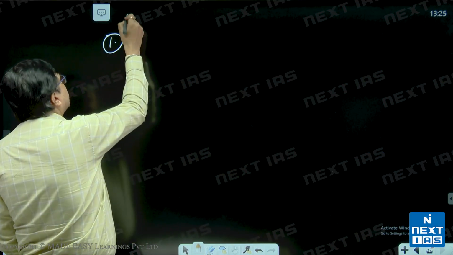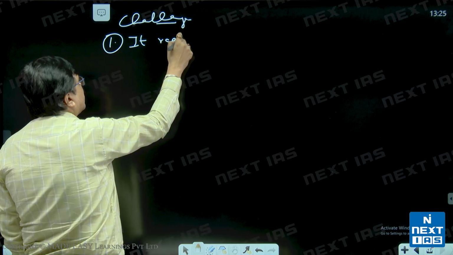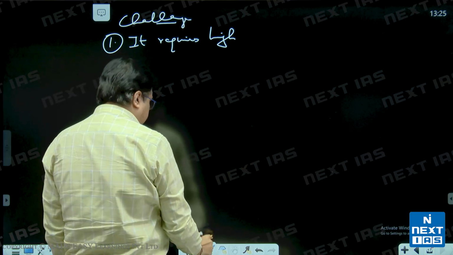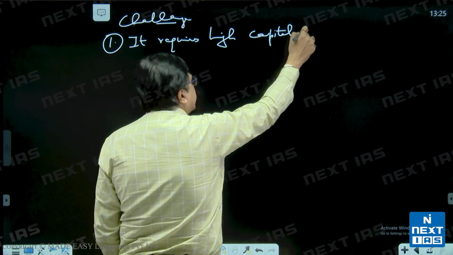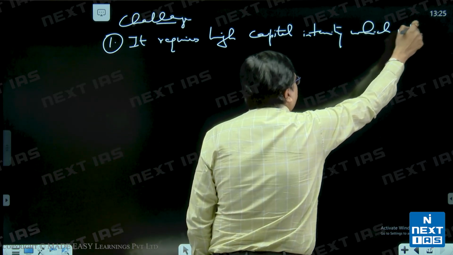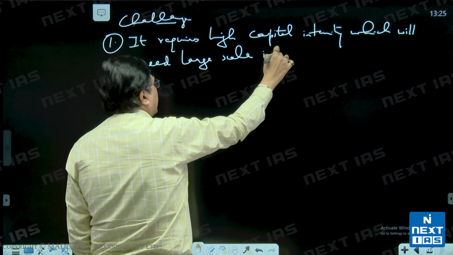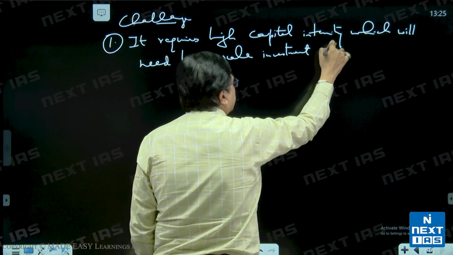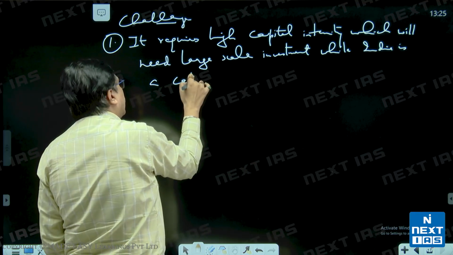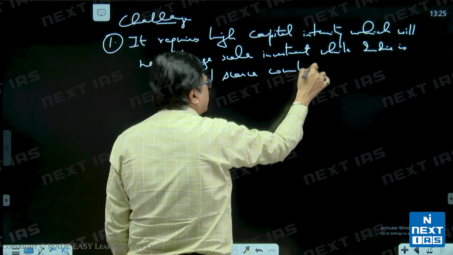One, these are challenges. One, it requires high capital intensity, which will need large scale investment, while India is a capital scarce country.